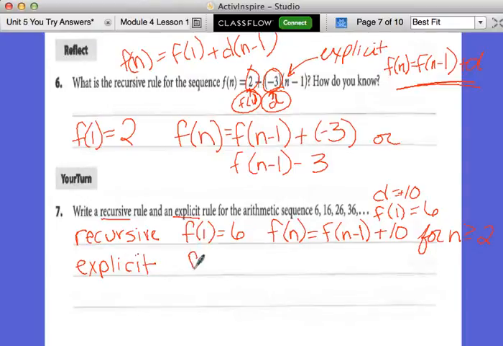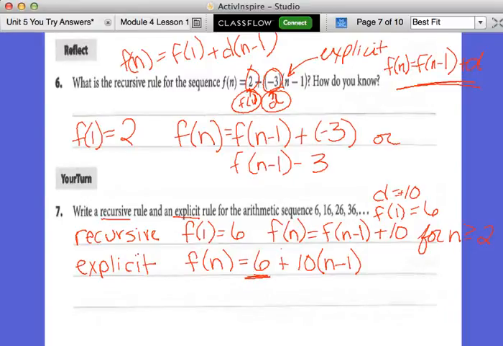However, I know that f of n will be equal to my f of 1, which was 10 times... well, I'm sorry, not my f of 1 being 10. F of 1 isn't 10. My f of 1 was 6. 6 plus my constant difference times n minus 1. Jump the gun there, I almost forgot my f of 1.